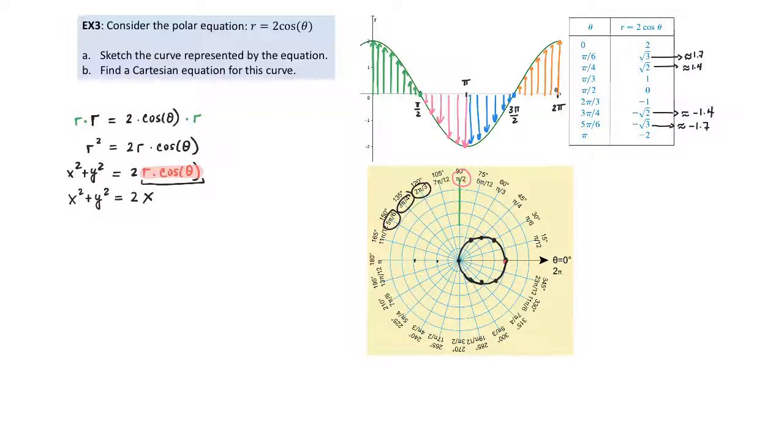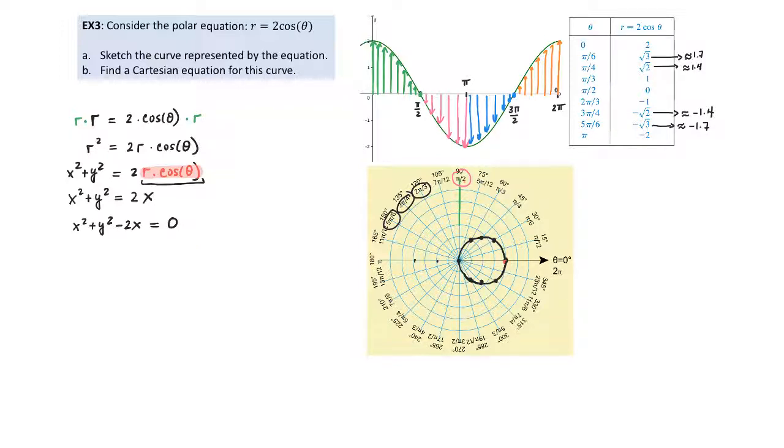So now what I have is the following: x squared plus y squared minus 2x is equal to 0. And it's starting to look already like something circular. Notice how we managed to get rid of r and theta. Now this is a Cartesian equation, but I don't yet see a circle exactly.